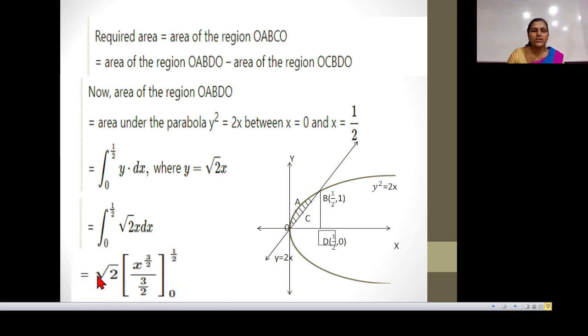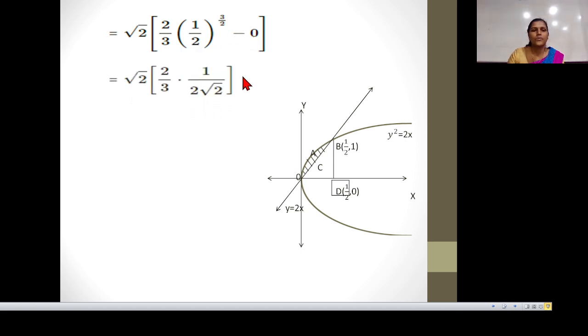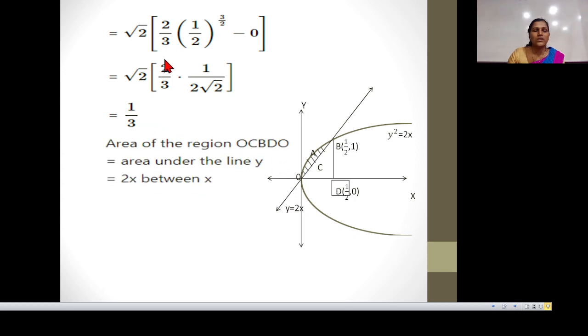Root 2 is a constant, keep it outside, and integrate x with respect to x. We get x raised to 3 by 2 upon 3 by 2, and apply the limits from 0 to 1 by 2. By applying the upper limit you get this value, minus the lower limit value. The final answer will be 1 by 3. This is the first area.